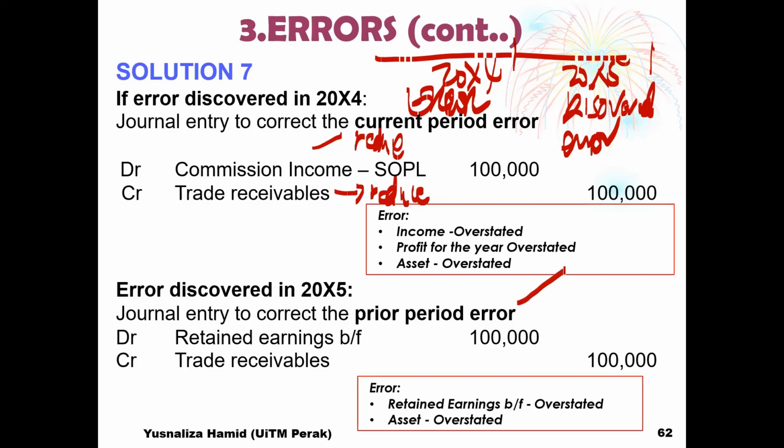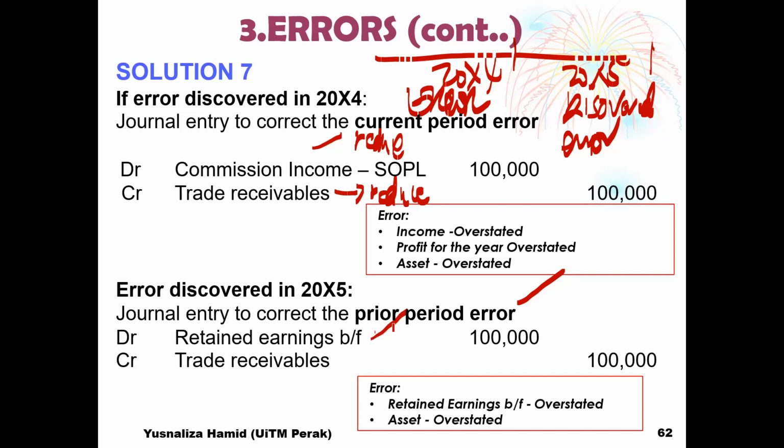The prior period error will not be adjusted in the current year profit or loss because this relates to commission income. You will not debit the commission income because it has already been closed off to the summary account. So what you will do is adjust the retained profit brought forward.